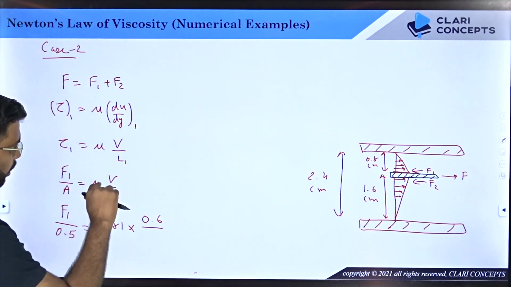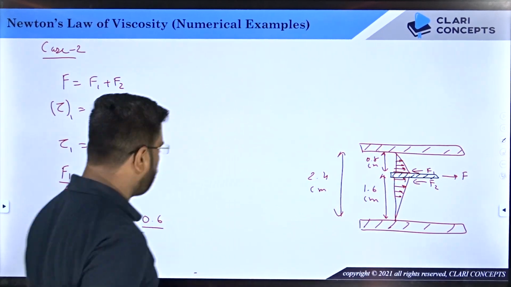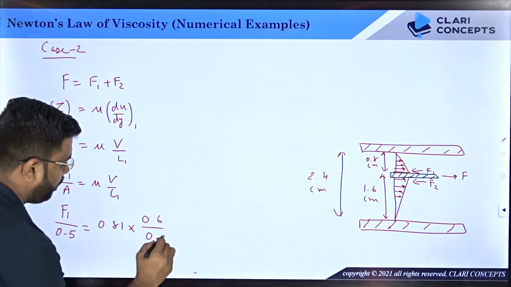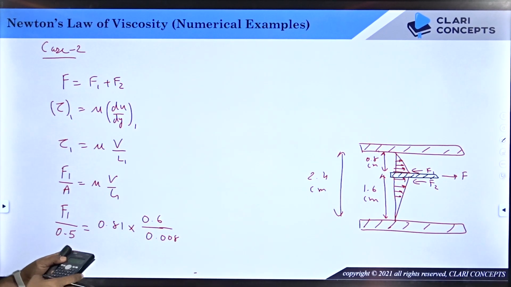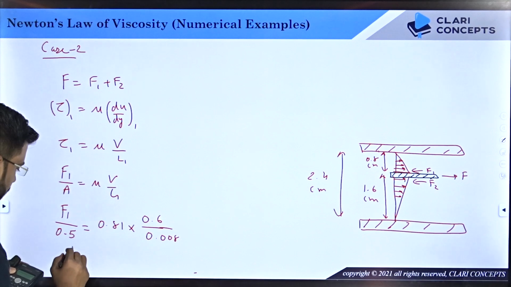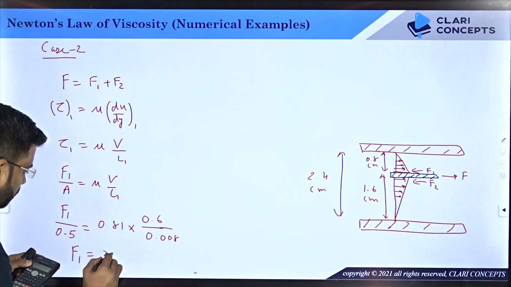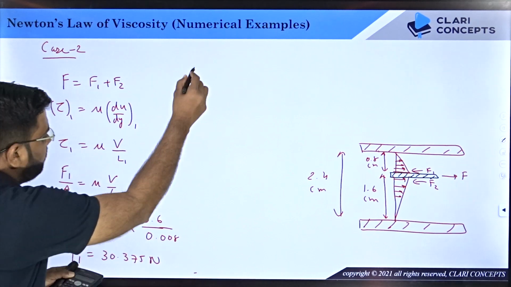And what is L1? L1 is the distance between these two, that is 0.8 centimeters. So if you convert this to meter, you will get 0.008 meters. So now simply find out the value of F1. 0.81 into 0.6 into 0.5 divided by 0.008. This F1 is coming out to be 30.375 newtons, right?